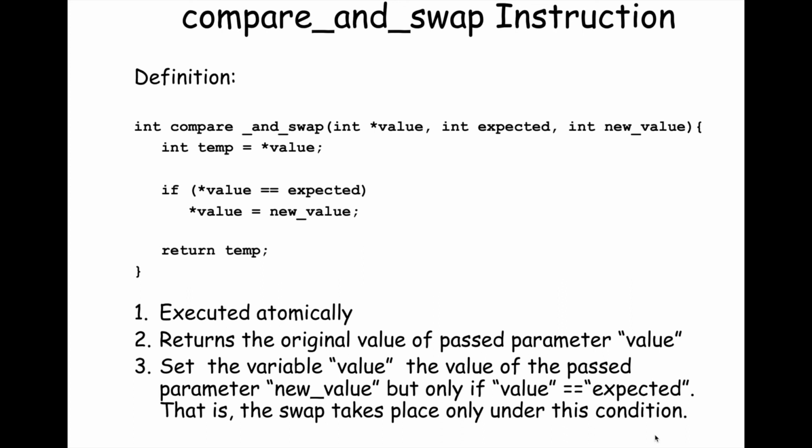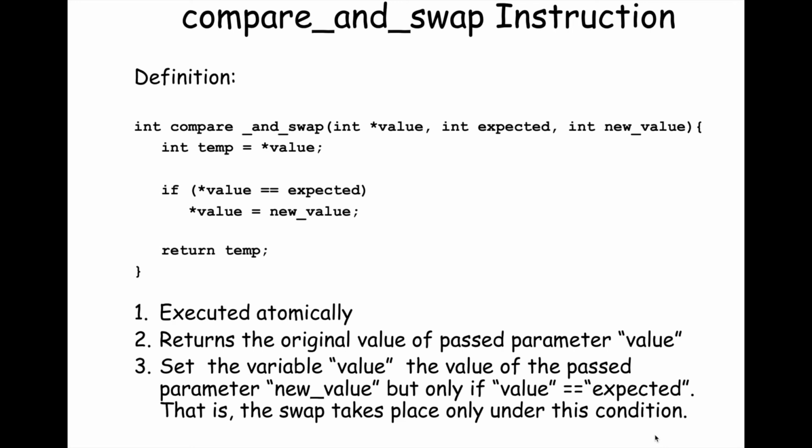And it records that value, so makes a copy, and then it compares it to some other parameter. So what it's doing is saying, are you equal to this value, right? And when it makes that comparison, if it is equal to the expected value, then it goes ahead and sets it to a new value. So it's saying, if you're equal to this, then set it to that.